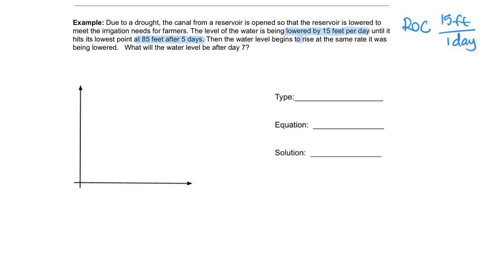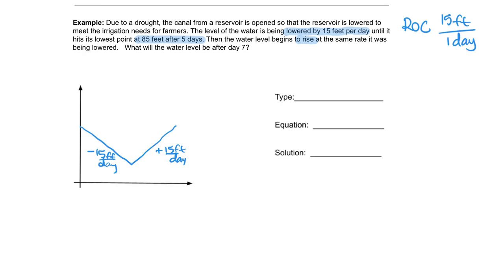So if we just think about what that shape would be, we have a graph that is lowering. It starts at a spot and it's lowering, and then it's going to rise again, and it's happening at a constant rate. So it's decreasing at 15 feet per day, and then it's increasing by 15 feet per day.